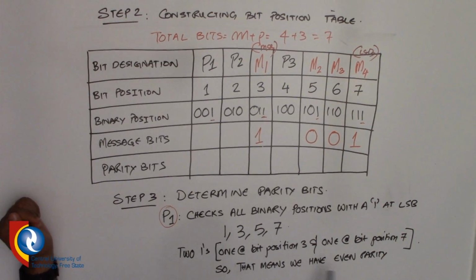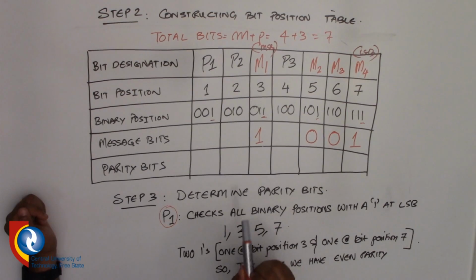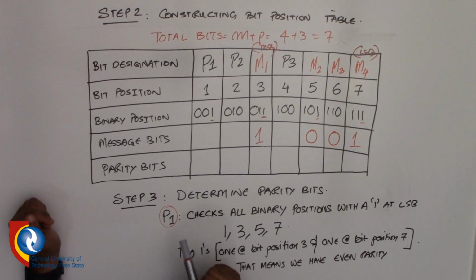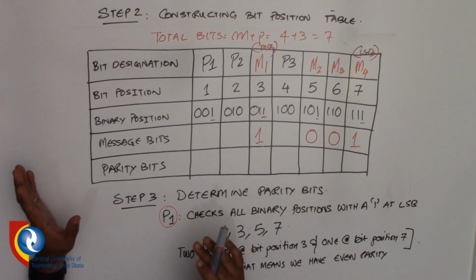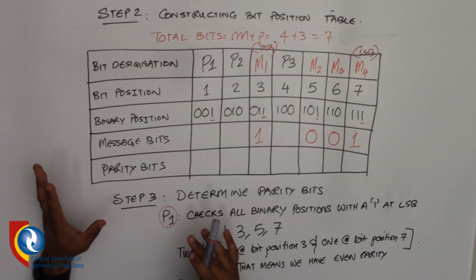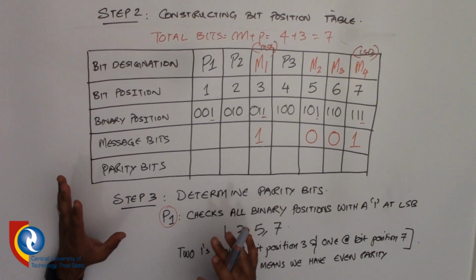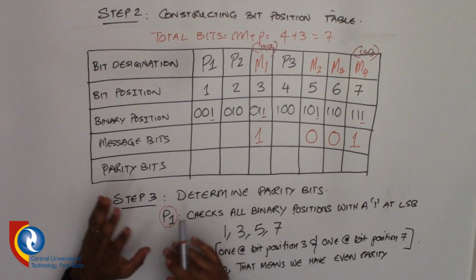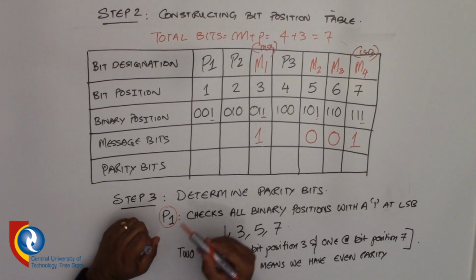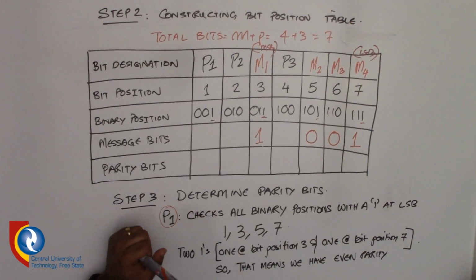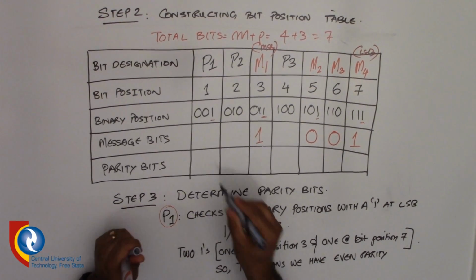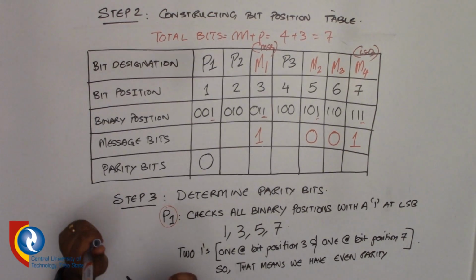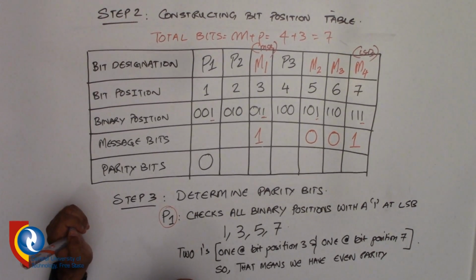This means that we have even parity, and our question requires us to have even parity. Because we have even parity, we can place a 0 at P1 to show that there is a parity match.